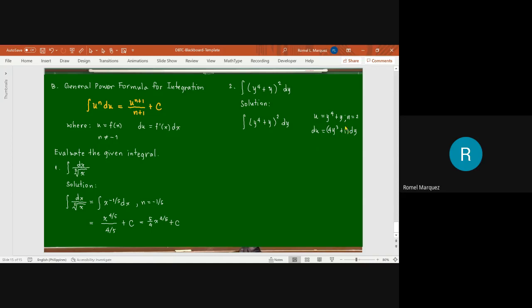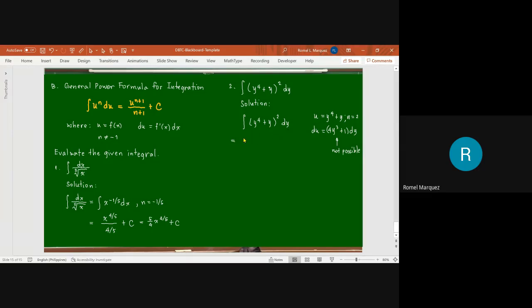So what is the other suggestion, guys? Because this does not work, we are going to expand. Let's try to expand so that we can apply integration term by term, applying the simple power formula. So we get y to the 8th plus 2 times y to the 4th times y, so you will get y to the 5th.